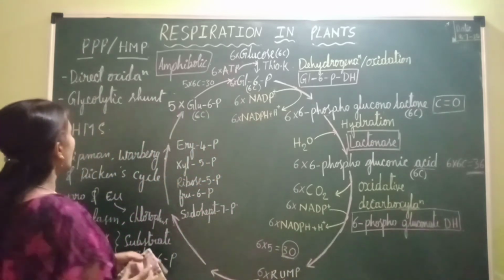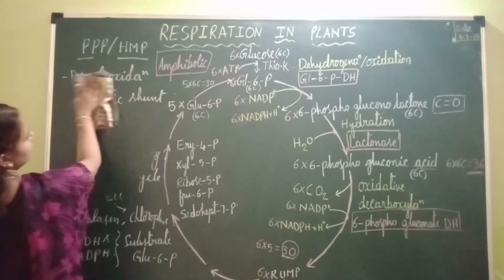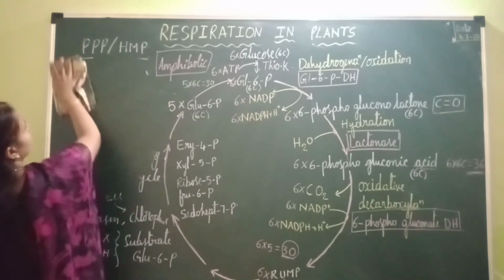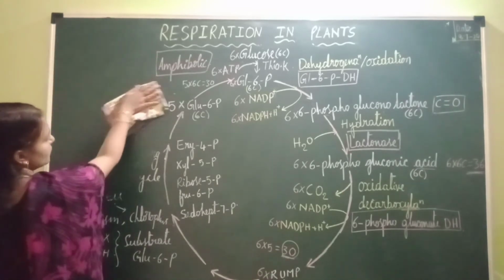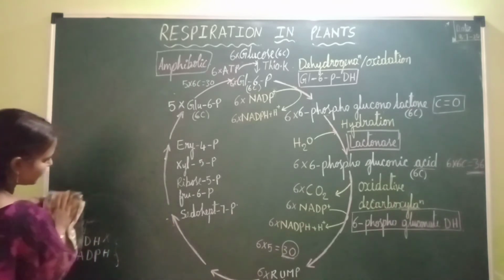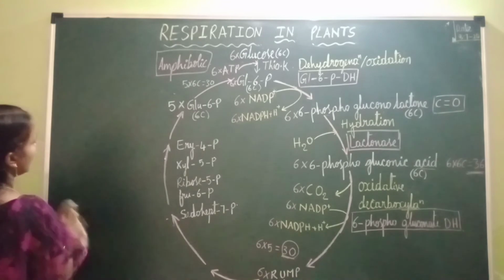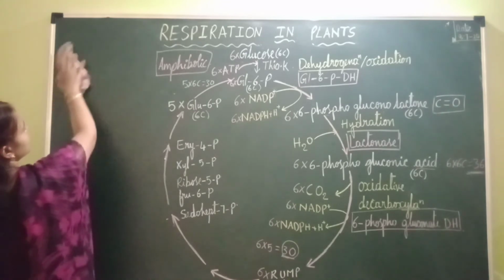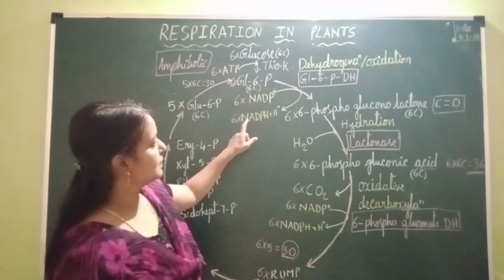Now let's see the energetics of this pathway. Energetics means how much energy is released by the breakdown of 1 molecule of glucose 6-phosphate. When 1 molecule of glucose 6-phosphate undergoes breakdown through this pathway, the energy is released in the form of NADPH plus H plus.